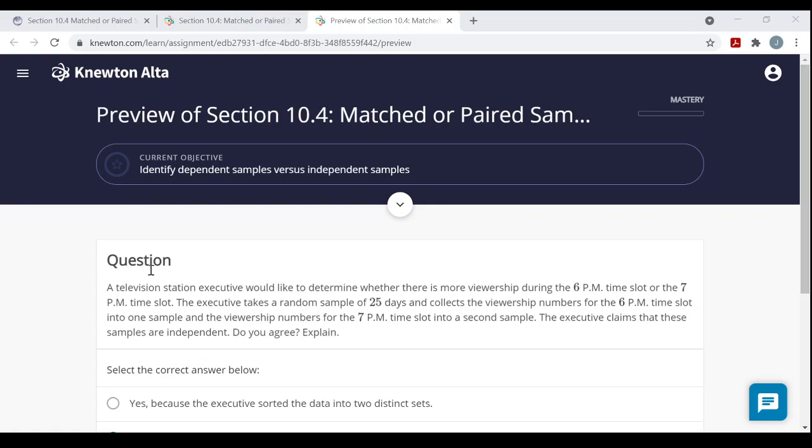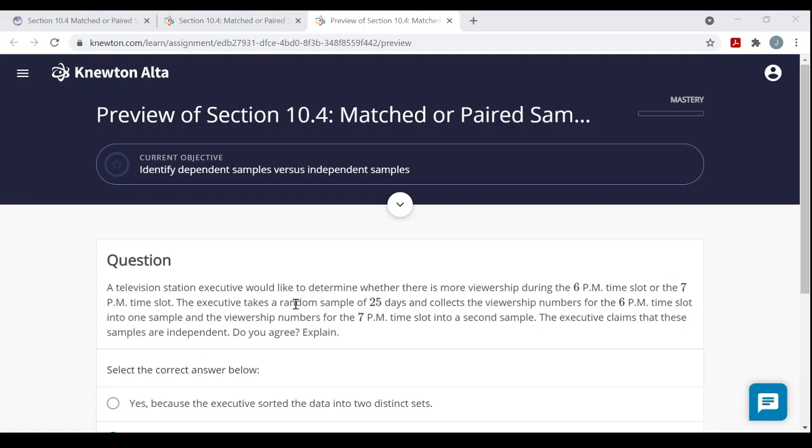So the question is: a television station executive would like to determine whether there is more viewership during the 6 p.m. time slot or the 7 p.m. time slot.